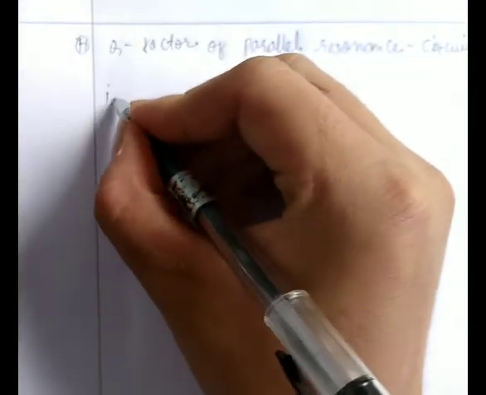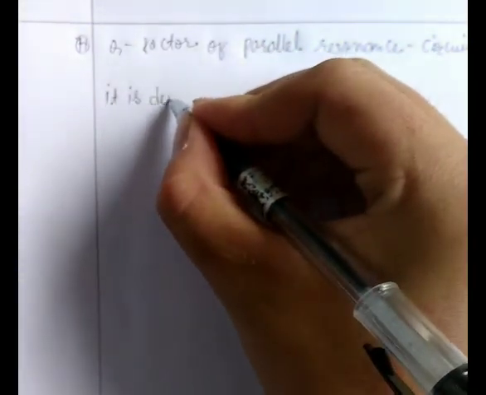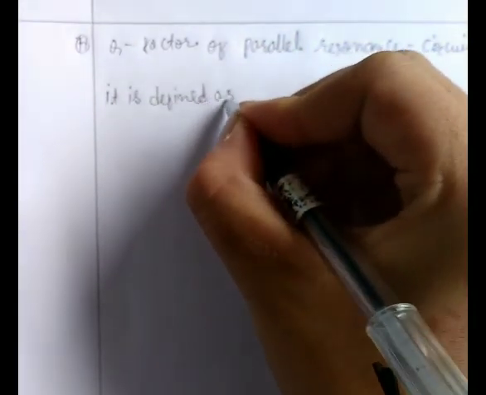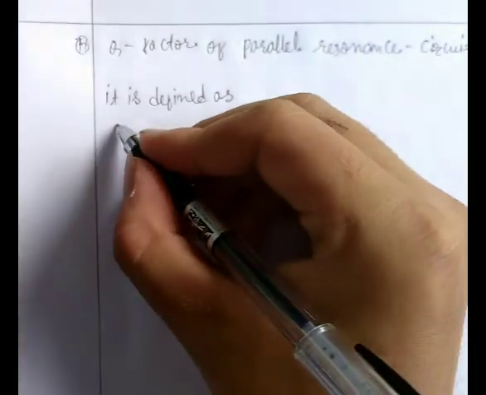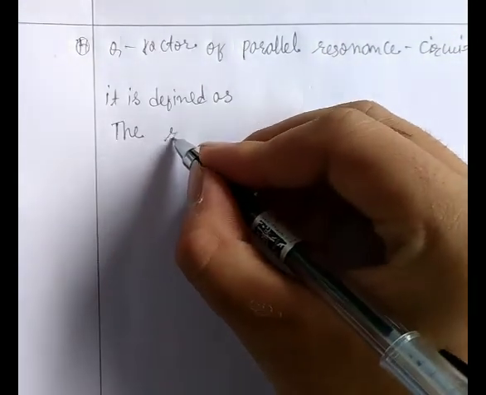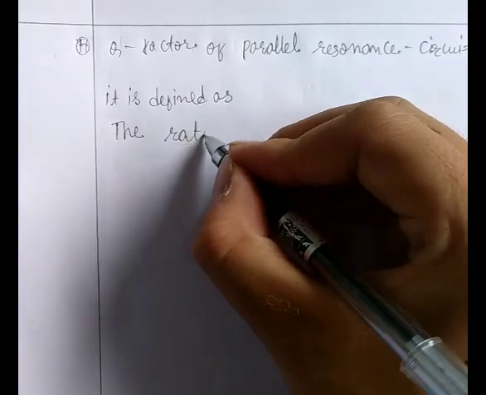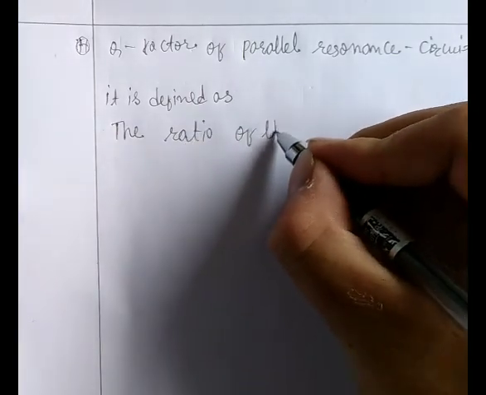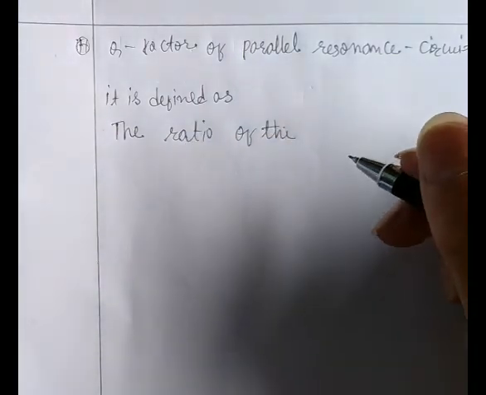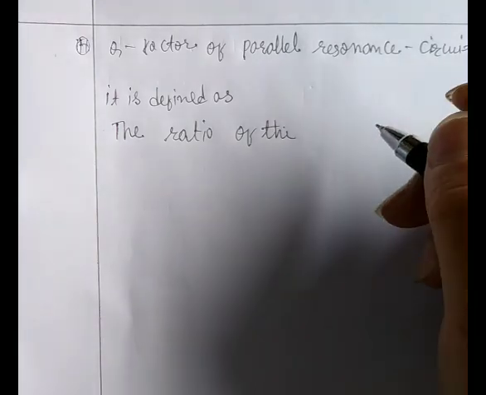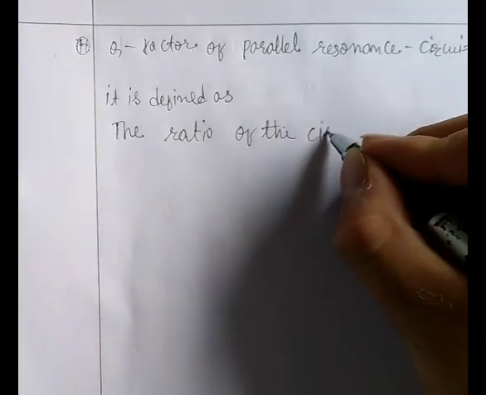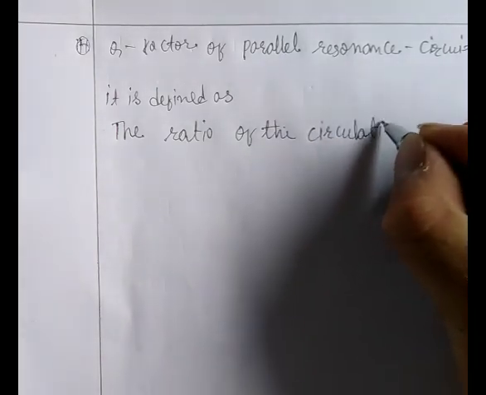Therefore it is defined as the ratio of the circulating branch current to the supply current.